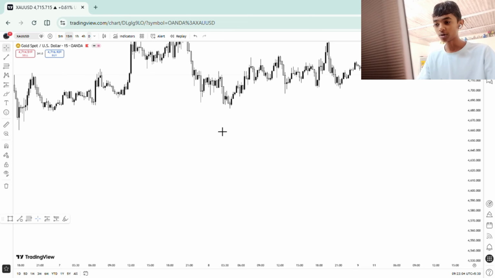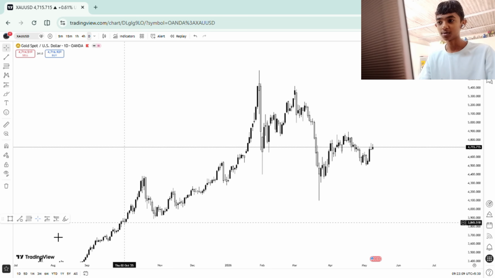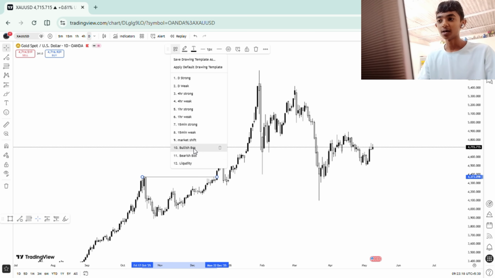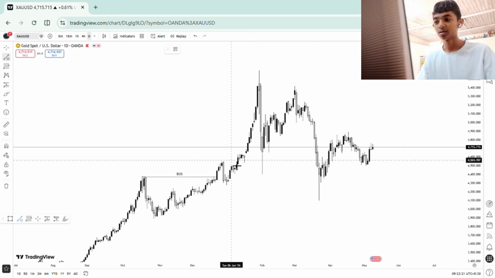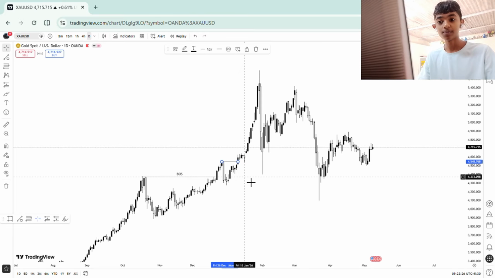So we saw that price gave us a bullish break of structure to the upside here, which confirms that the trend has officially shifted bullish. Then again price gave us an internal break of structure. Now we know that the trend on the daily time frame is obviously bullish.